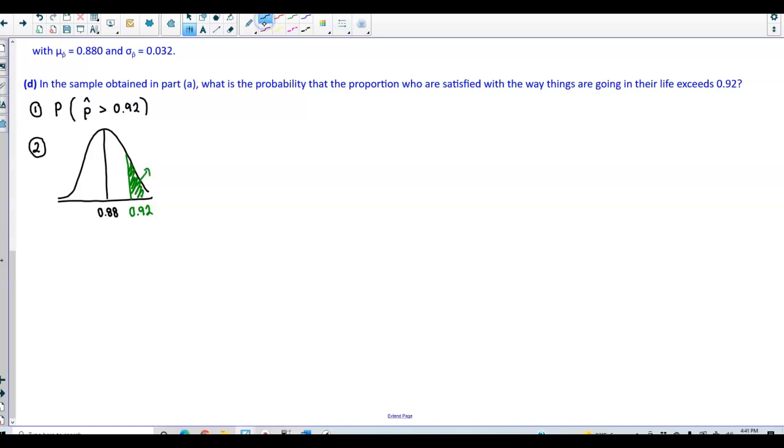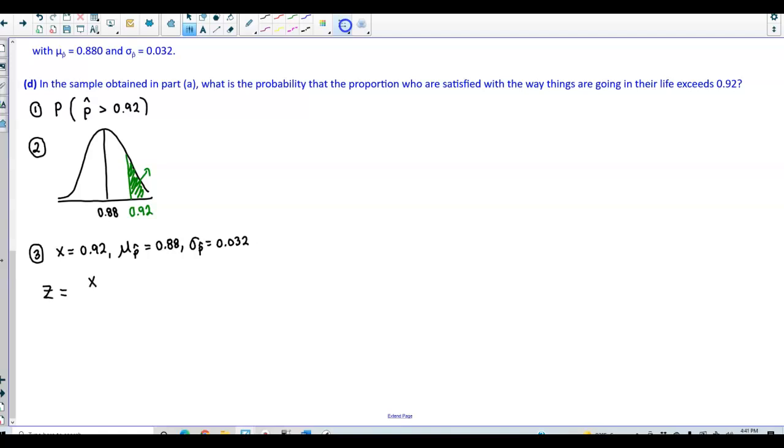Okay, so now what we want to do is we want to be able to find the z-score that corresponds to 0.92. So we know that x is 0.92. We know that the mean of the population proportion is 0.88. And we also know that the standard deviation of the population proportion is 0.032. So let's find our z-score.